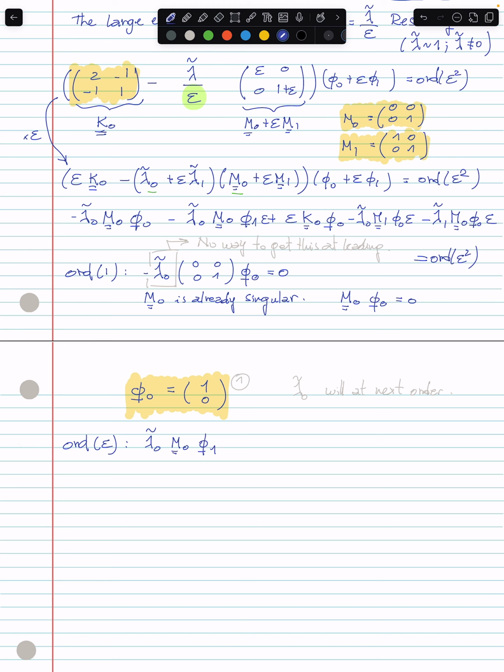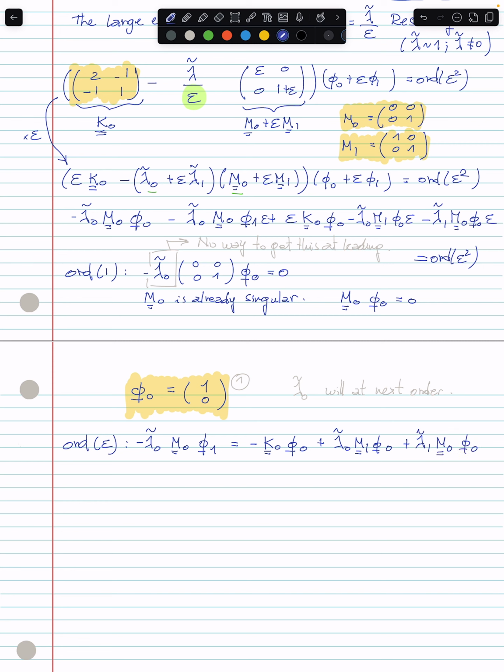I'm going to put all other terms on the right. So there will be minus k0 phi 0 plus lambda 0 tilde m1 phi 0 and plus lambda 1 tilde m0 phi 0.